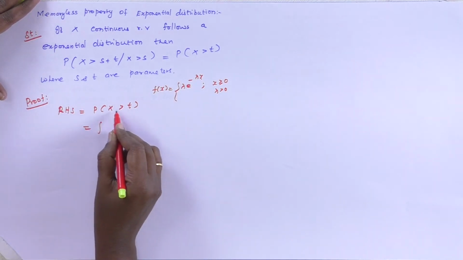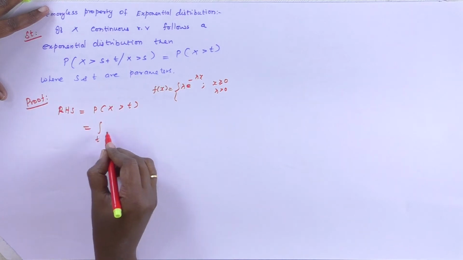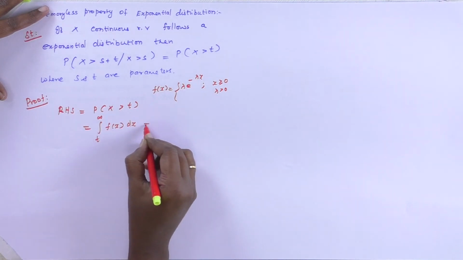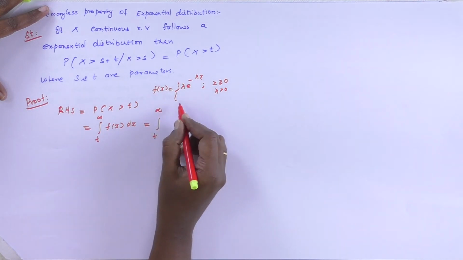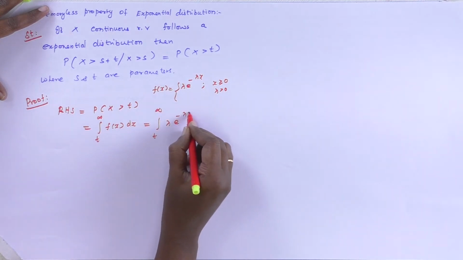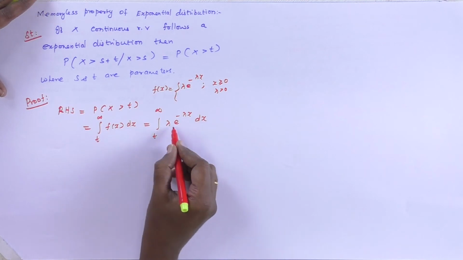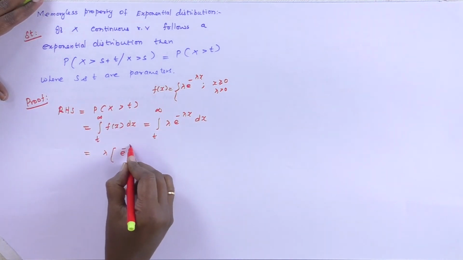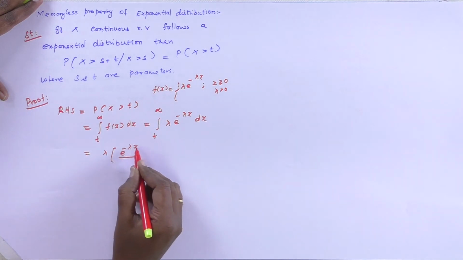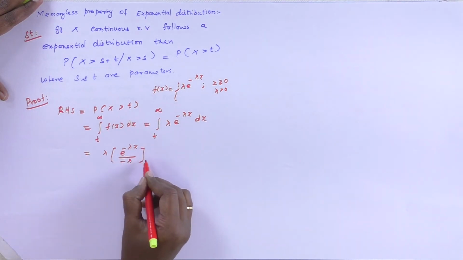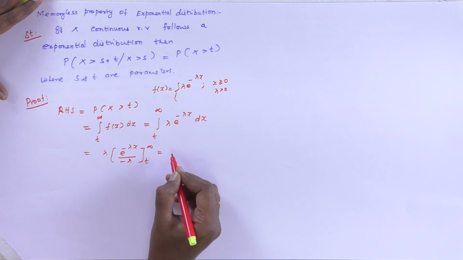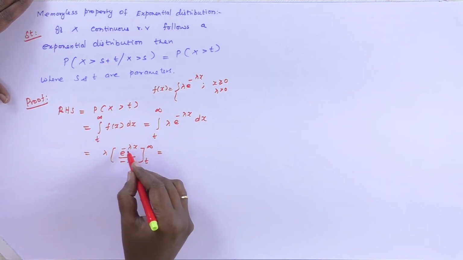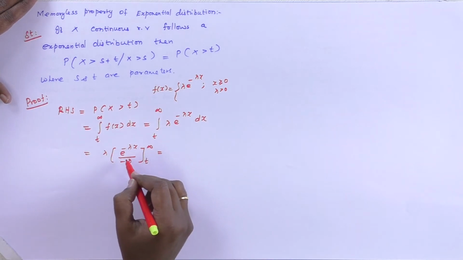So here x greater than t, the integral from t to infinity of f of x into dx. Our f of x is lambda into e power minus lambda x into dx. Lambda is constant, so we take it outside. Now taking integration with respect to x, e power minus lambda x divided by minus lambda, limit varies from t to infinity. While replacing the upper limit, e power minus infinity will become 0.